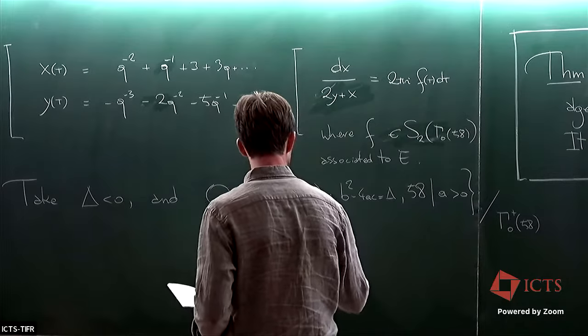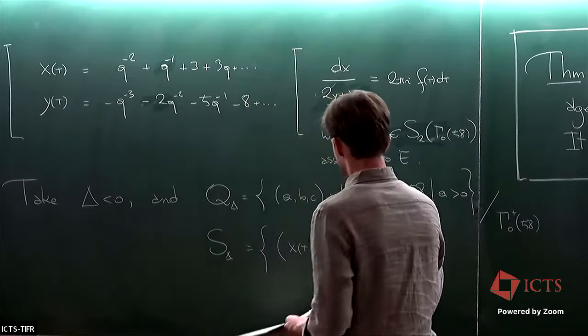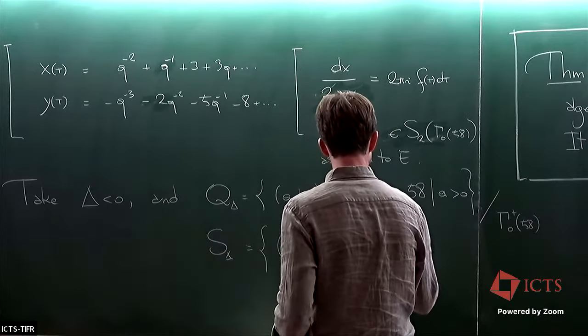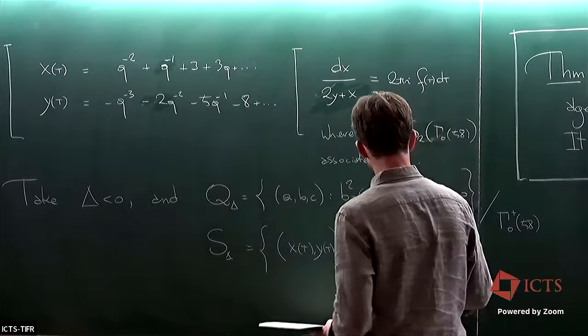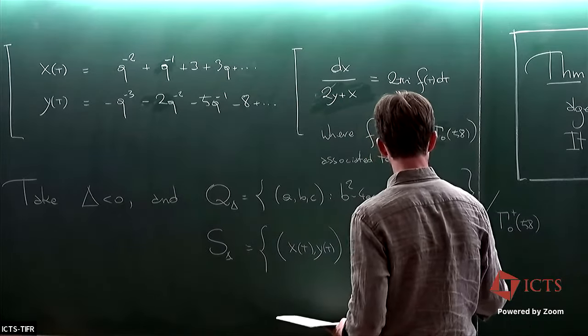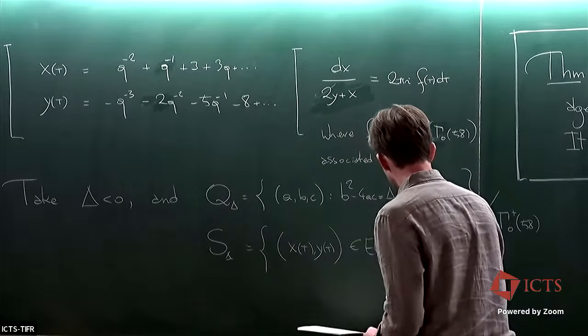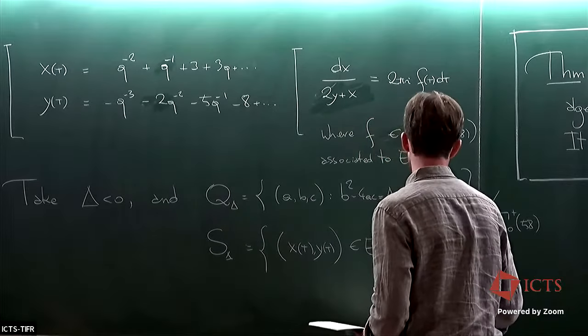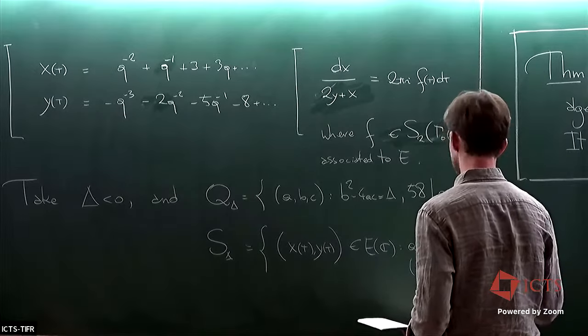I'm going to compute X tau, Y tau, or at least an approximation of it, which will be a complex point on C, where of course A tau squared plus B tau plus C needs to be 0 for some ABC, one of my finitely many options, inside of Q sub delta.